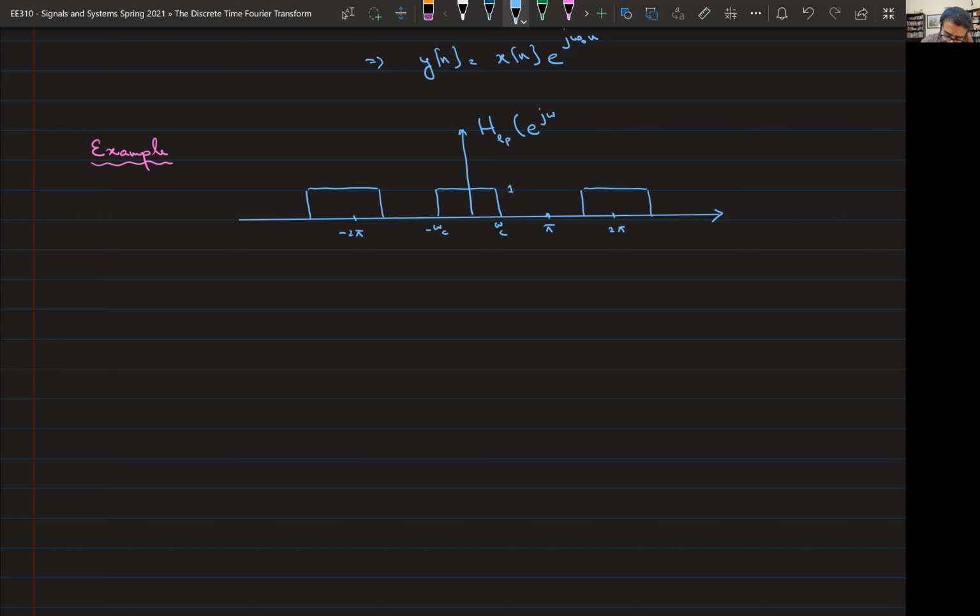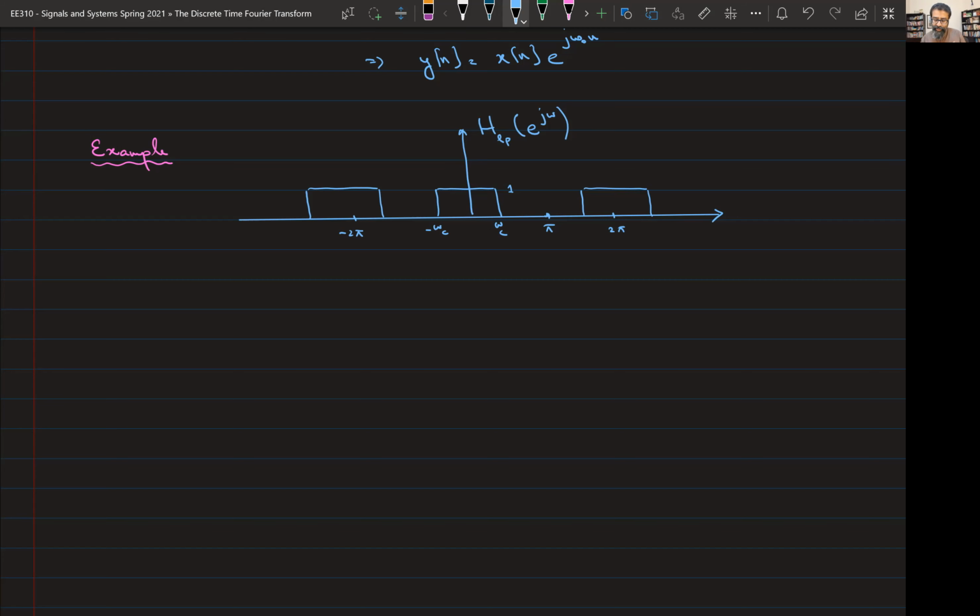Why do I say this is low pass? Why is it called low pass? Right, because high frequencies are around pi. Excellent. So high frequencies are around pi, and the low frequencies are around 0 and 2 pi, because 2 pi is exactly the same frequency as 0.